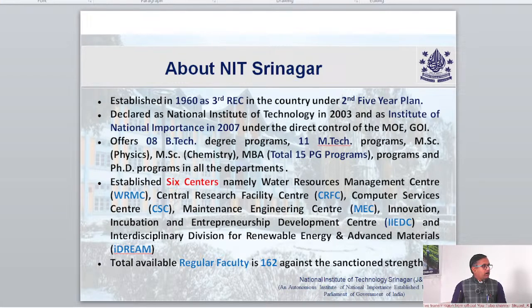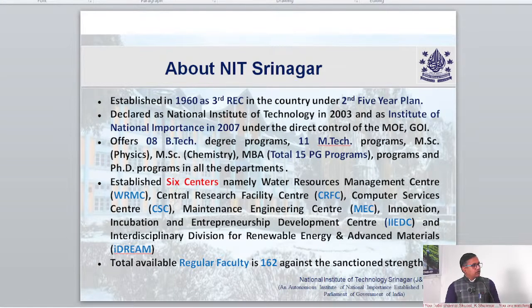It was converted into a National Institute of Technology in 2003, and we got Institute of National Importance status in 2007. It works under the Ministry of Education, previously the MHRD.